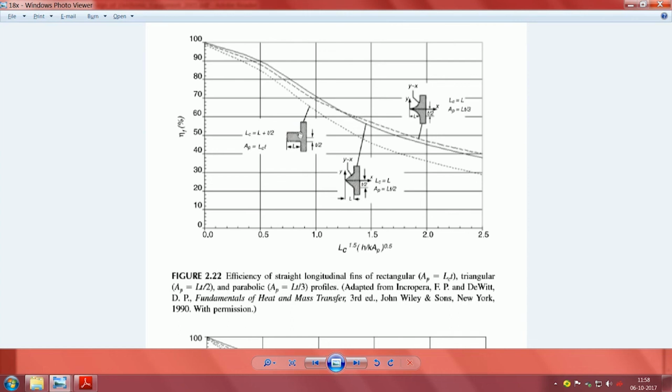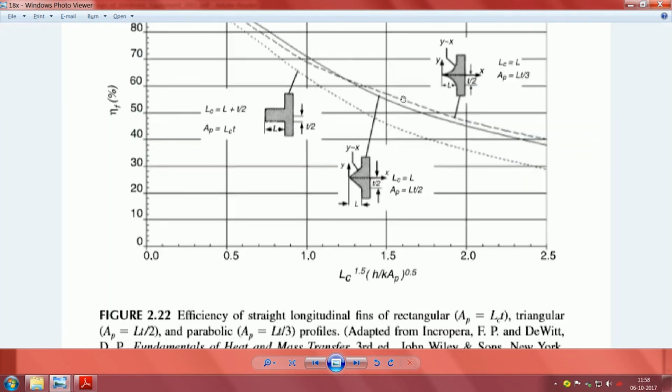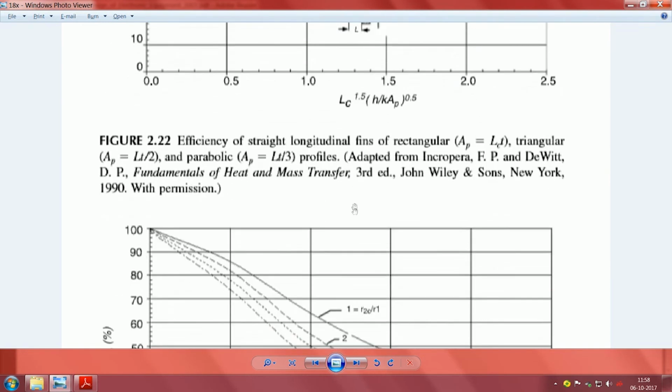If you have only a simple thing like this, the efficiency comes down when the length becomes long. There, even if the length becomes long, it does not matter, it is still better. You have seen that almost a 10% increase in efficiency is there, and compared to the base figure, it is 25% better than this. That is the reason why these things continue to be used.